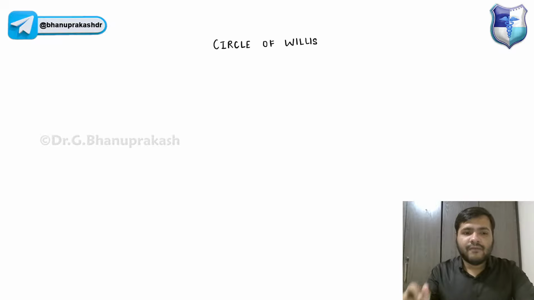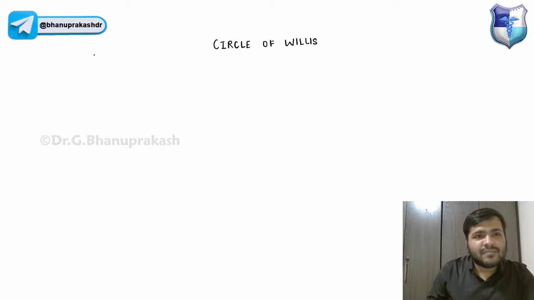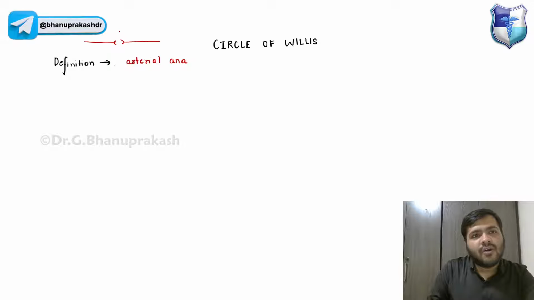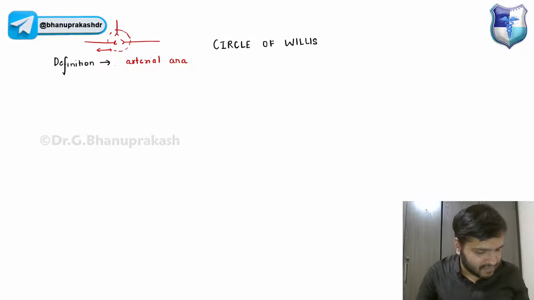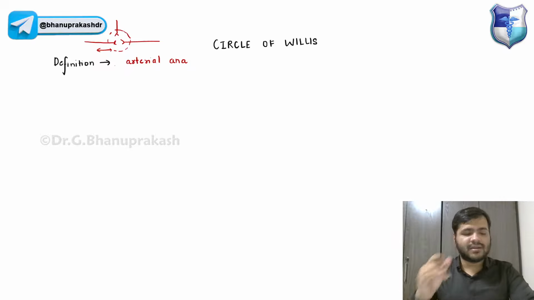Now when I say circle of Willis, what does it mean? What is the definition of this? It simply means the arterial anastomosis. Anastomosis, as I have told you, is when two or more arteries meet at one point and they can exchange blood in opposite directions as well, vice versa.